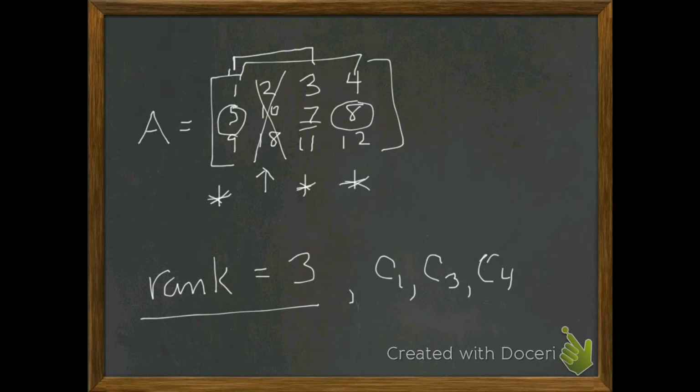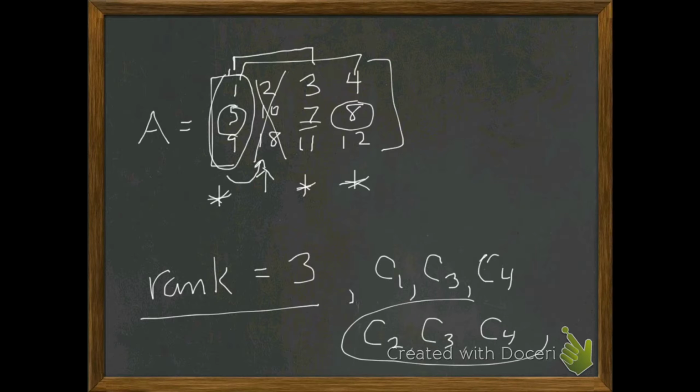We don't throw the baby out with the bathwater here just because this column is linearly dependent with column 2. We still can use it in a rank because it's linearly independent with columns 3 and 4. You could also see that column 2, column 3, and column 4 would also be linearly independent. It's still giving us that our rank is equal to 3.